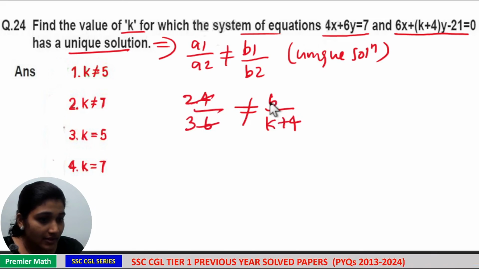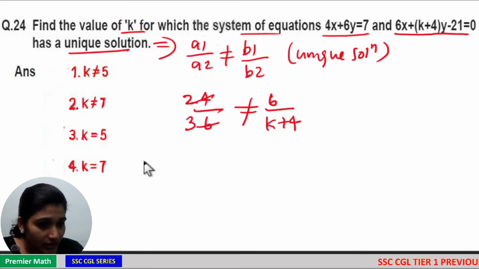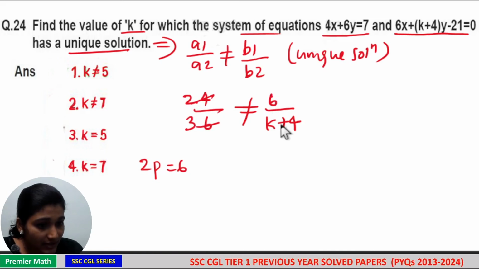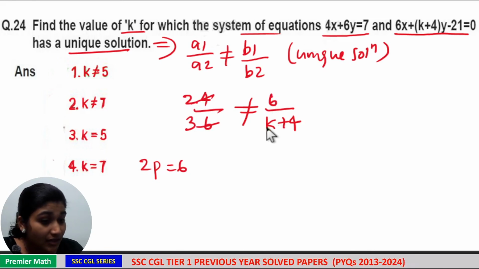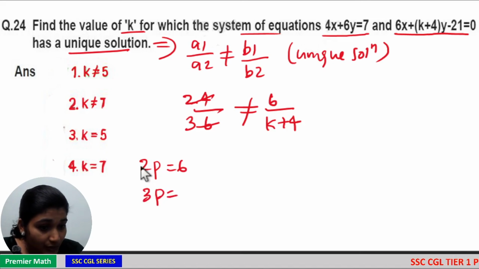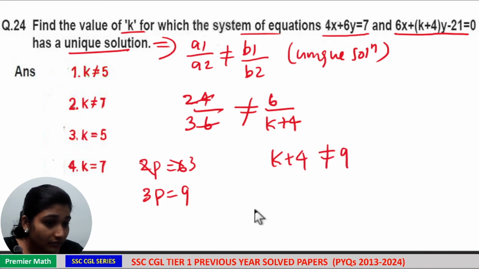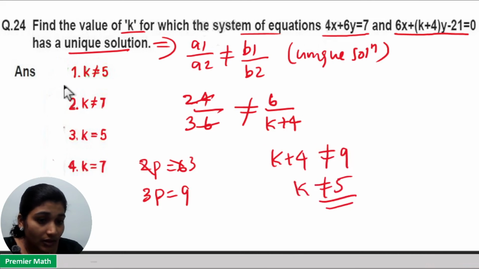So 6 by k plus 4 should not be in the ratio 2 by 3, which means if you equate it, 2 part is equal to 6. So 3 part is equal to 9, which means here k plus 4 should not be equal to 9. Then k should not be equal to 5. Option 1 is your answer.